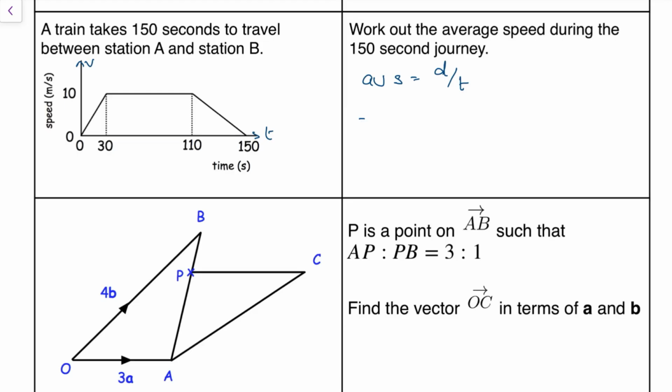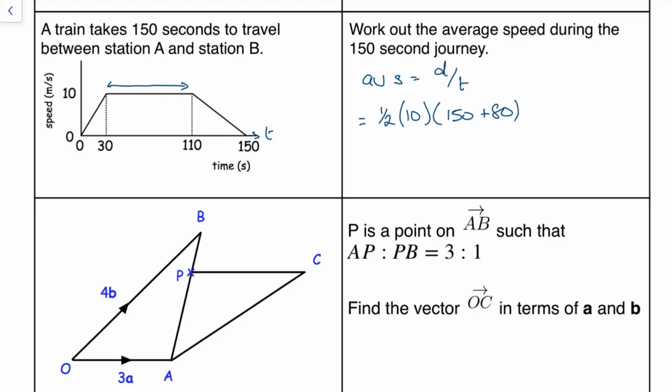So the average speed is equal to the area of the trapezium, which is a half, times the height, which is 10, multiplied by the sum of the parallel sides. The one at the bottom is 150, the one at the top is going to be 110 minus 30, which is 80, so 150 plus 80.